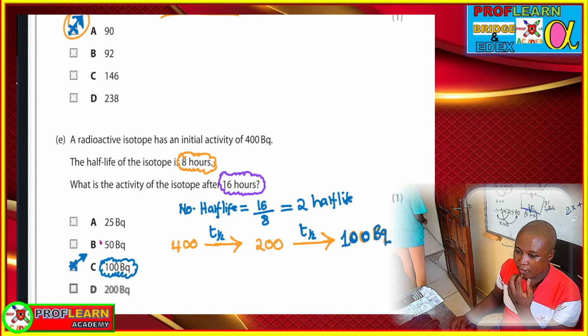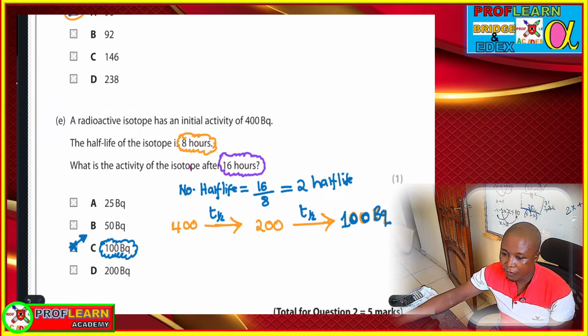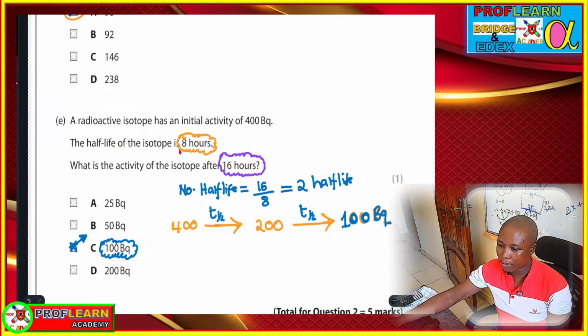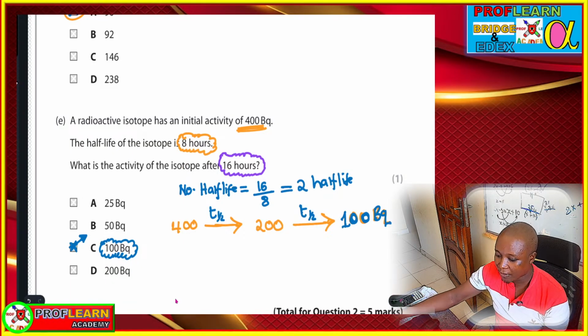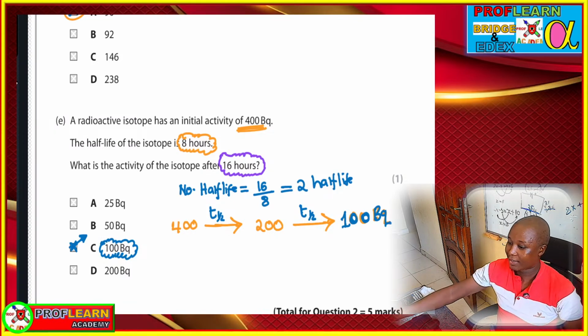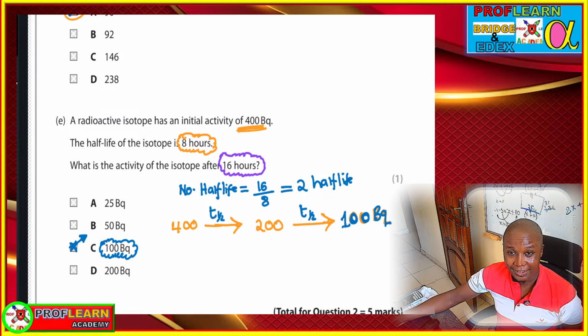Then moving to E. A radioactive isotope has an initial activity of 400. Half-life. What is half-life? Something else you need to remember is to define what a half-life is, because you may be asked that.